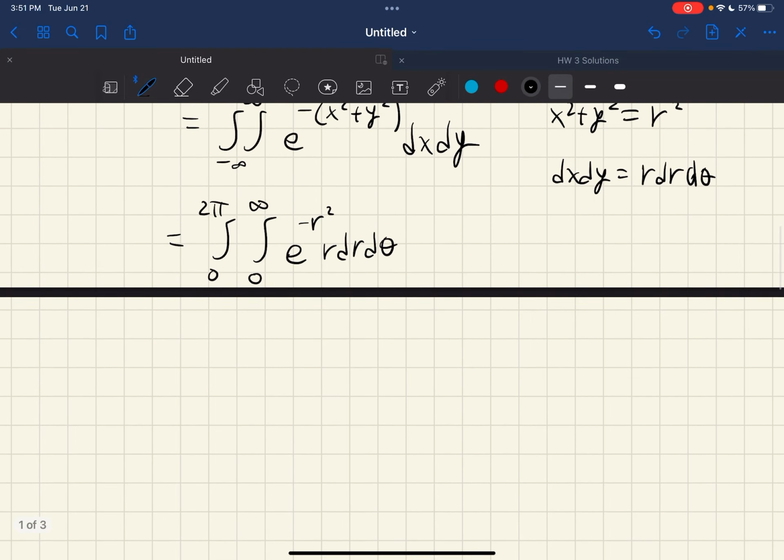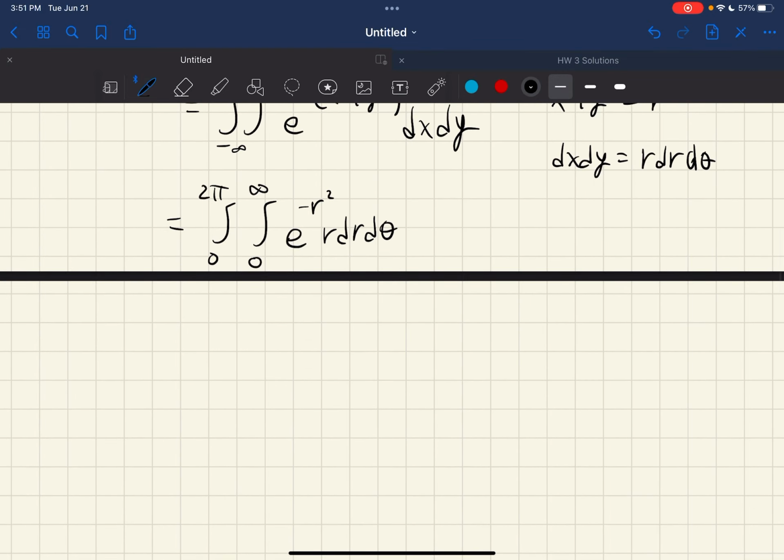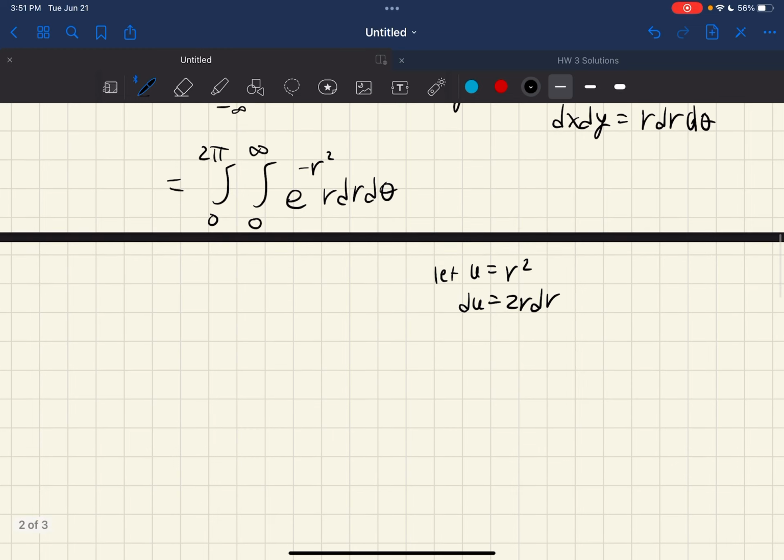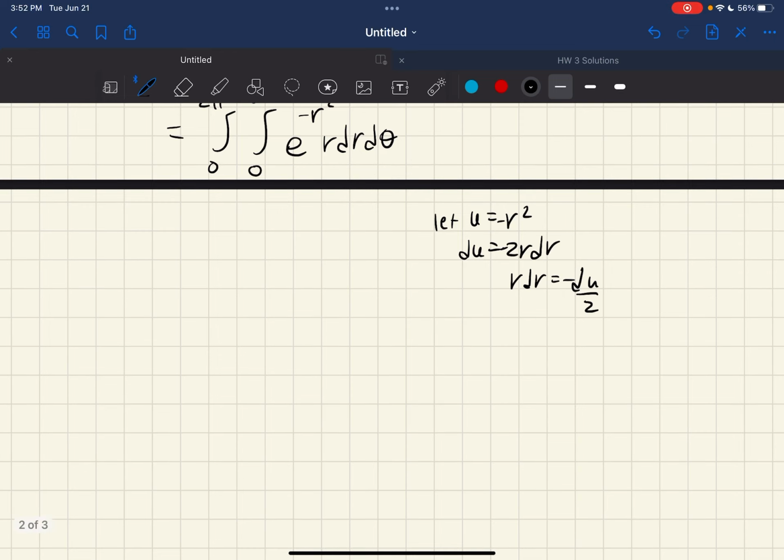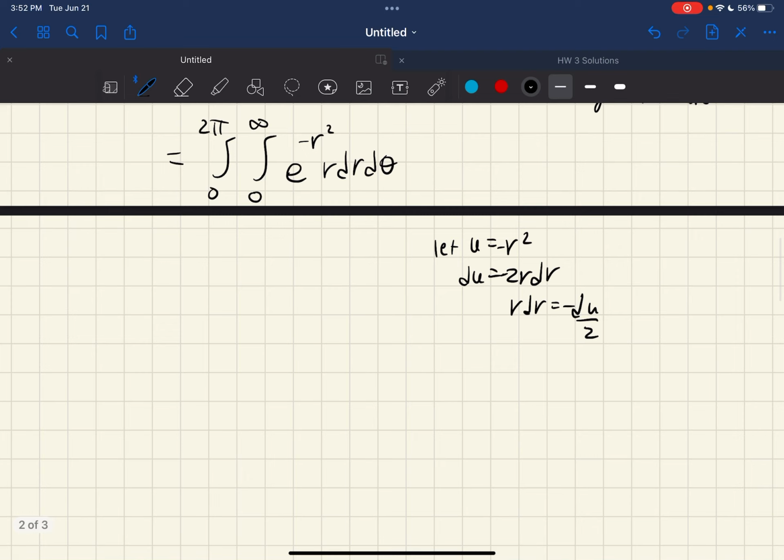So now we can solve this using u substitution. If we let u equal r squared, then du equals 2r dr, and r dr equals du over 2. Actually, I'm going to let u equal negative r squared, so then that becomes a negative and that becomes a negative, so that way the integration might be slightly easier. So then we get a negative 1/2 factor out front.